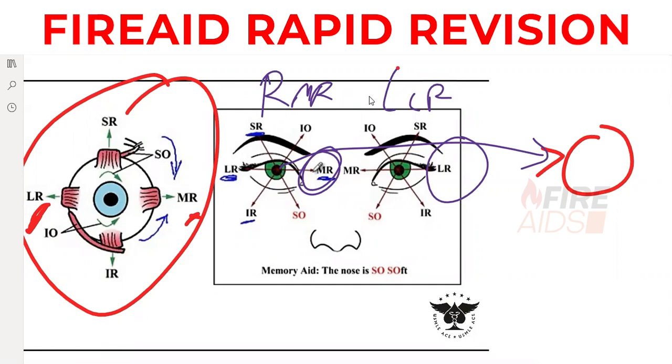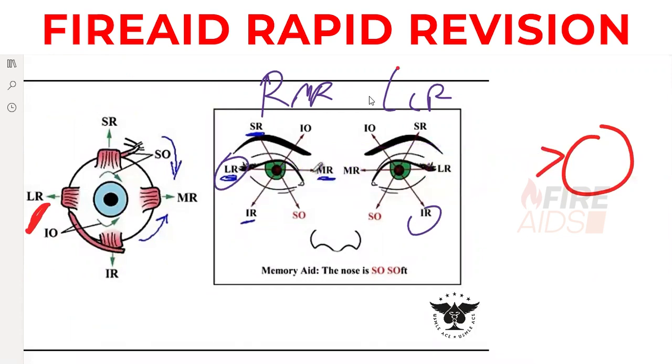They might ask right inferior rectus and left lateral rectus, right medial rectus and left inferior rectus, right lateral rectus and left medial rectus, right medial rectus and left lateral rectus. If they ask this in your MCQ, you won't be able to know what to do if you just memorize the picture. So instead, logically you must think.